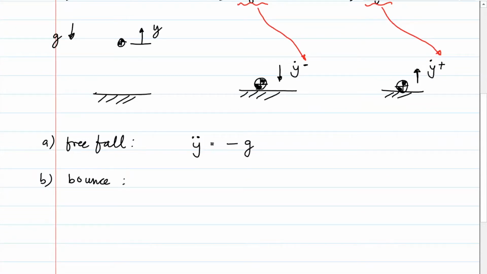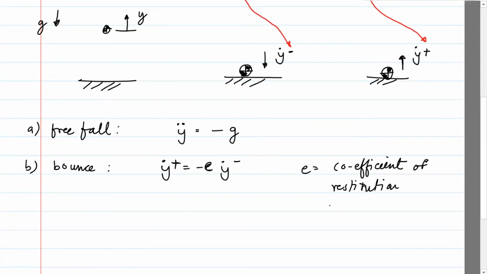It turns out there is a formula which comes from Newton's coefficient of restitution, which describes the behavior of the ball at the bounce. The velocity before bounce, y dot negative, is related to the velocity after bounce by this factor e, known as the coefficient of restitution, where e is always between 0 and 1.